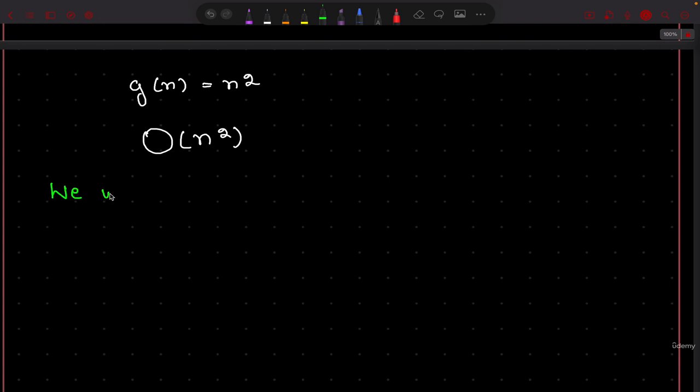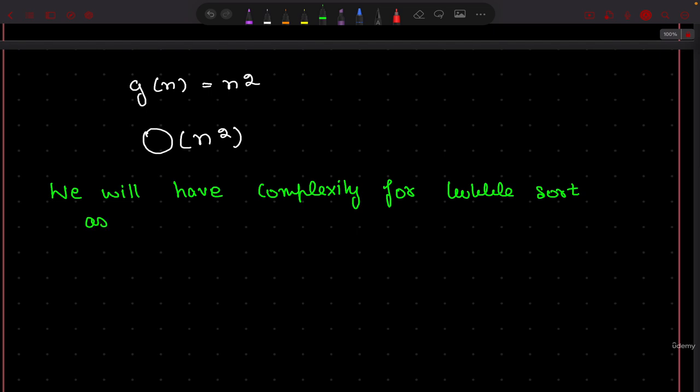We will have complexity for bubble sort as big O of n square, which is quadratic.